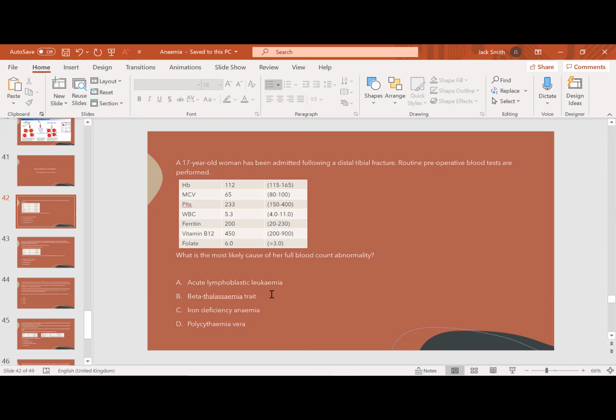Then it comes down to beta thalassemia trait or iron deficiency anemia, and this comes down to knowing a little bit about how they tend to present and how the MCV is related to the anemia. Iron deficiency anemia could well be the case in a 17-year-old woman, but with an MCV that low, you would think that she would be more anemic than that.